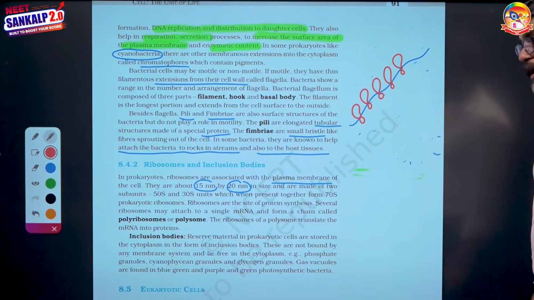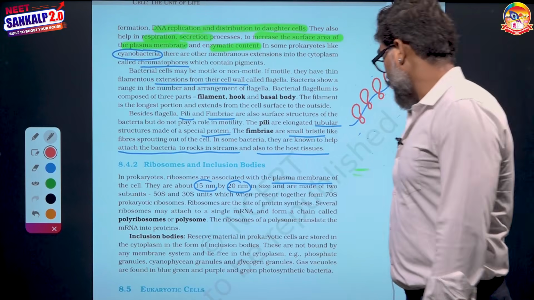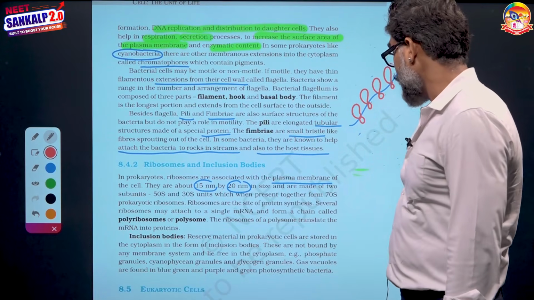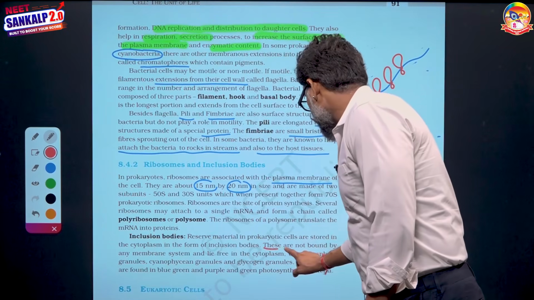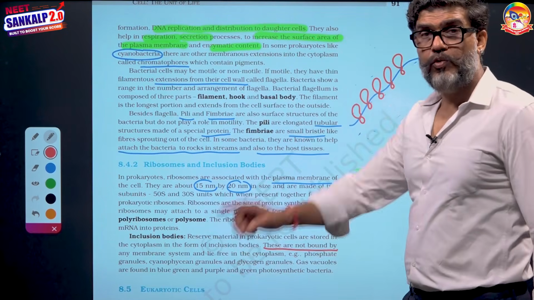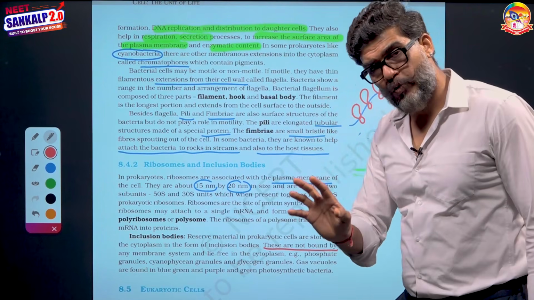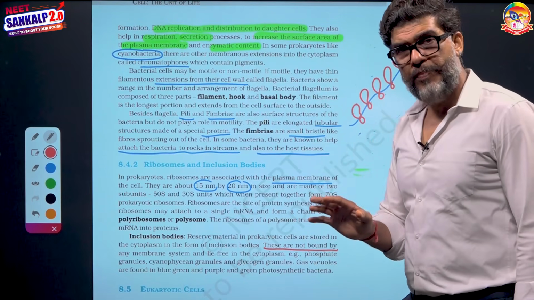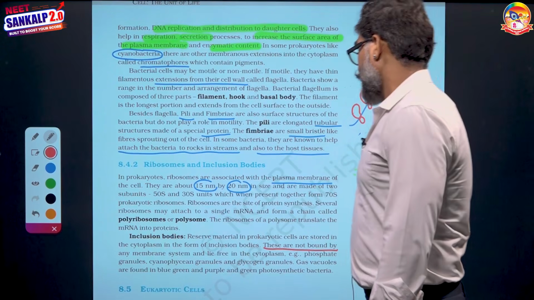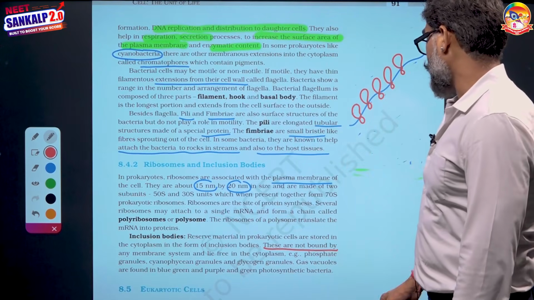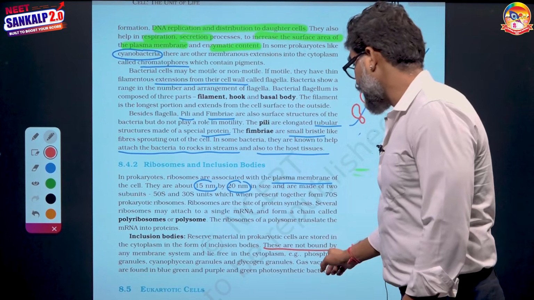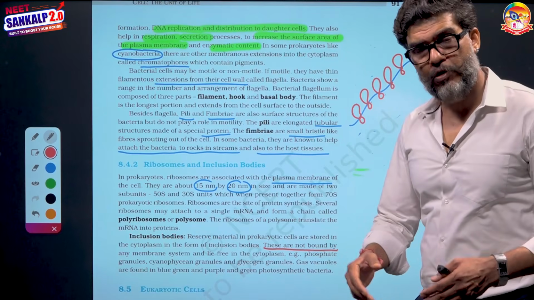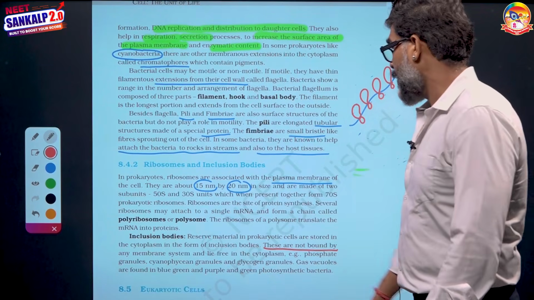Inclusion bodies are reserve materials in prokaryotic cells, stored in the cytoplasm in the form of inclusion bodies. They are not membrane bounded. Inclusion bodies are storage of food but do not remain covered with any kind of membranous structure. They are freely present in the cytoplasm. Some examples are mentioned here. Phosphate granules, I told you, also called volutin granules.